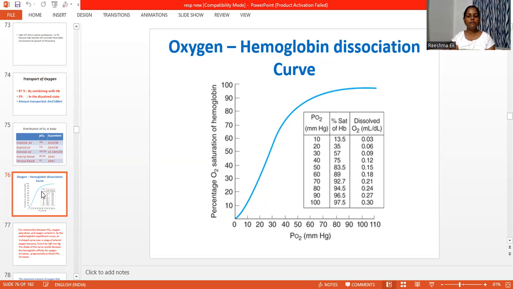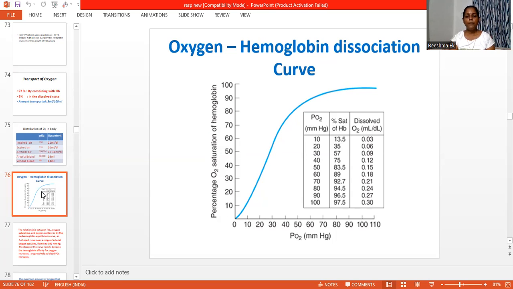When PO2 is 50 mmHg, the percentage saturation is 83.5% and the dissolved oxygen is 0.15. Sorry, in the case of 60 mmHg, the percentage saturation is 89% and the dissolved oxygen is 0.18.